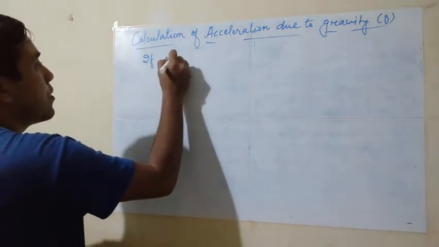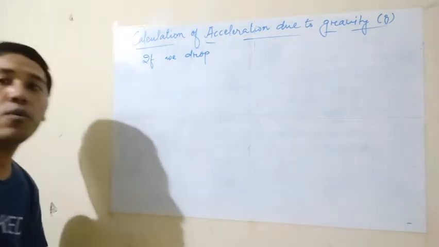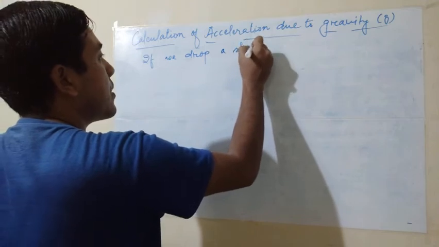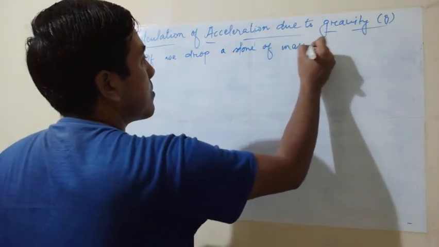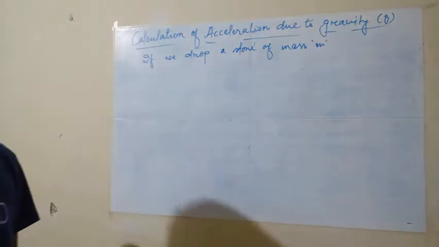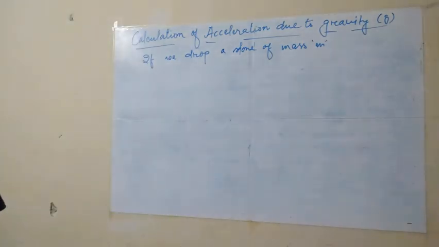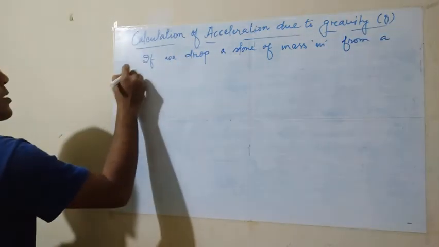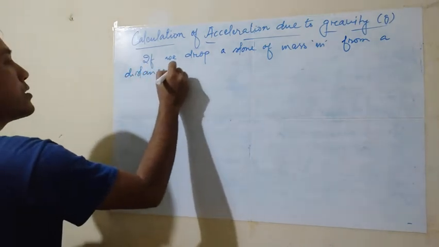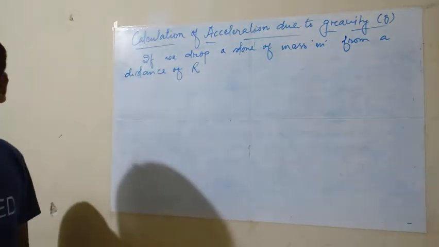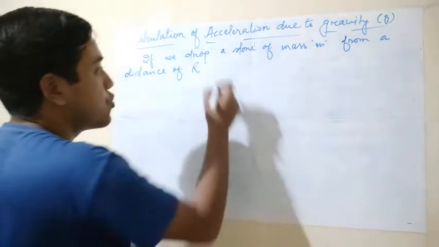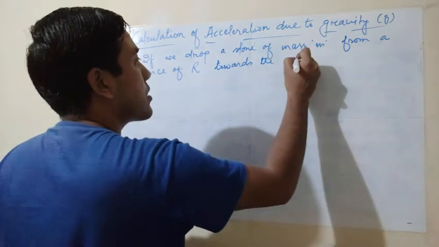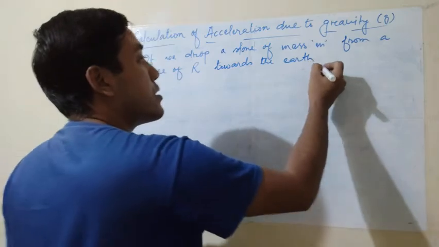What if we drop a stone of mass m from a distance of r towards the earth?